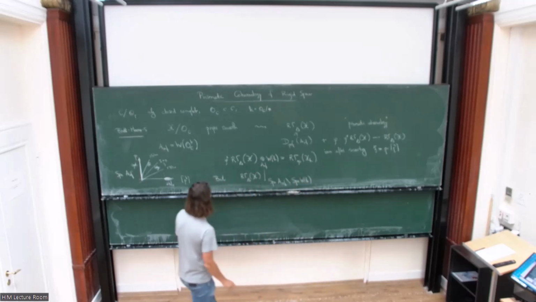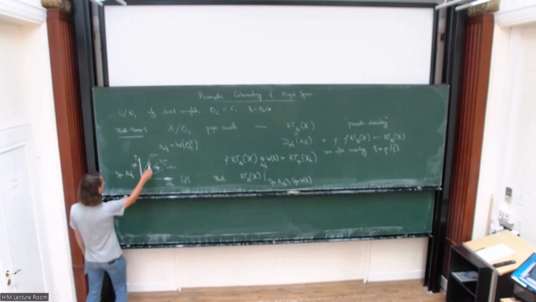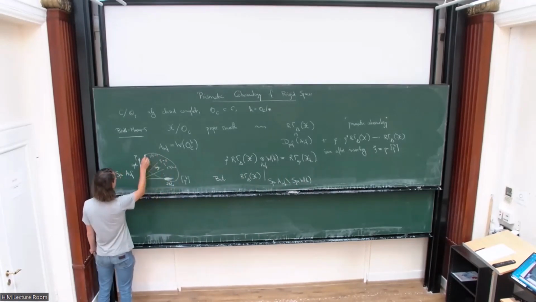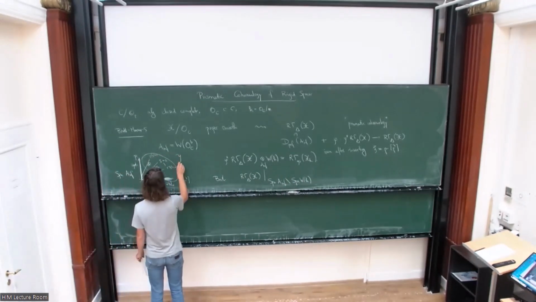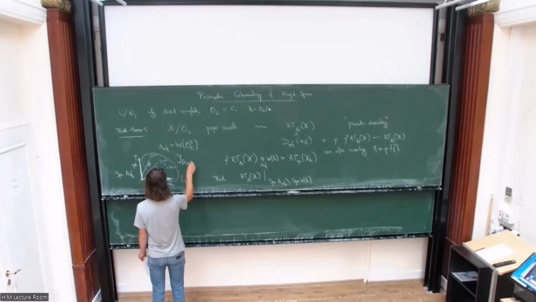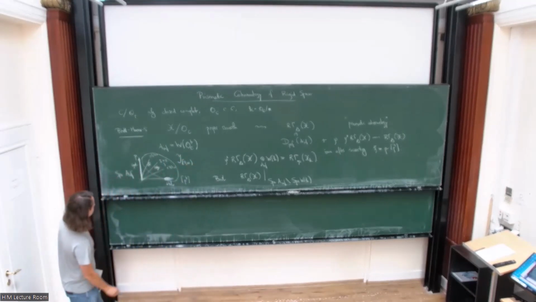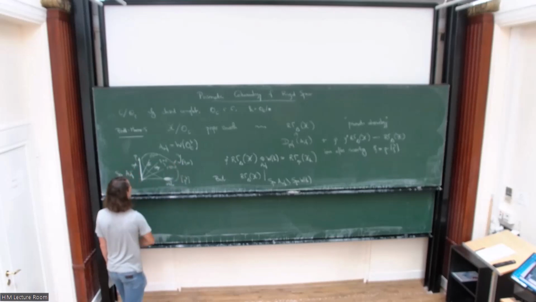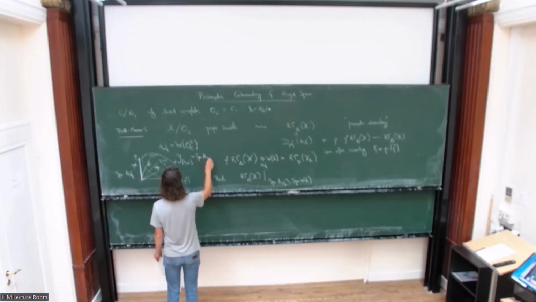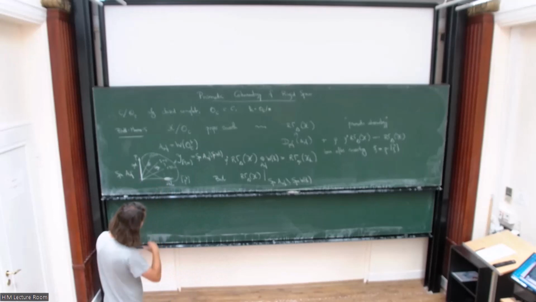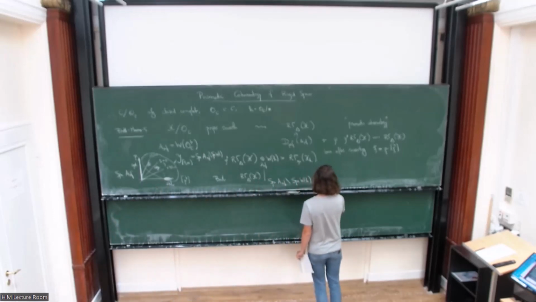But if you remove this locus, you look at this part here, this whole part, this is often called Y_{0,infinity}, the spectrum that we removed. This depends only on the generic fiber.